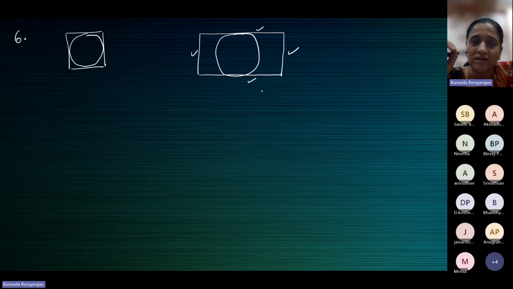So a circle can be drawn inside a rectangle, and inside a square. You can draw a circle in a square touching all the four sides.